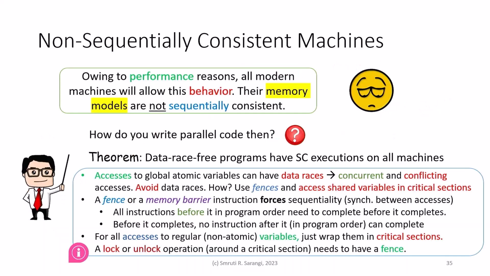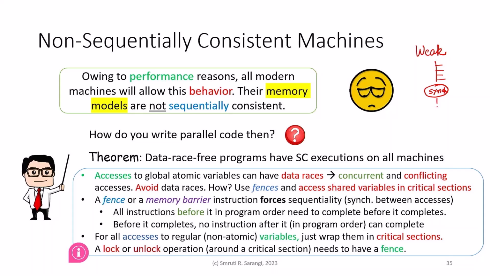So modern memory models are actually weak memory models, which allow you to reorder accesses to different addresses, subject to the fact that if there is a synchronizing instruction, let's call it a sync instruction, and in the same thread you executed a set of operations, all of them have to complete before the synchronizing instruction completes.